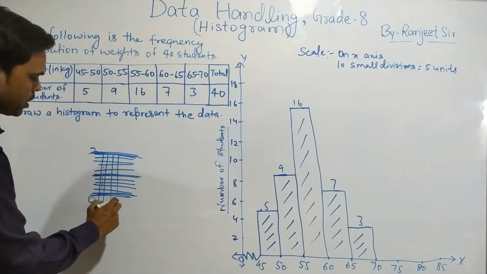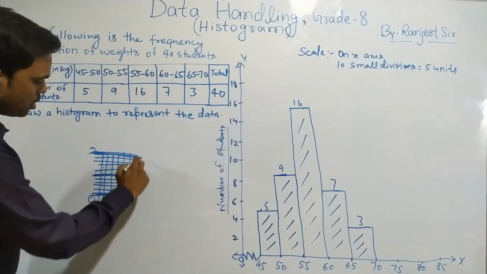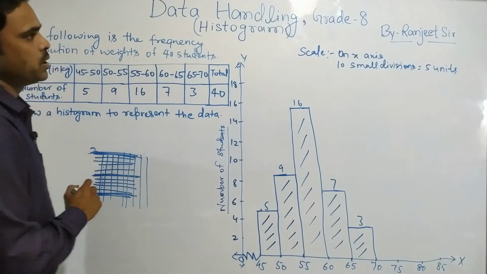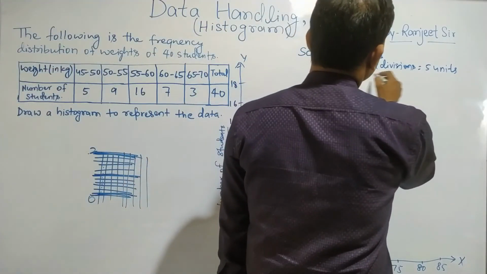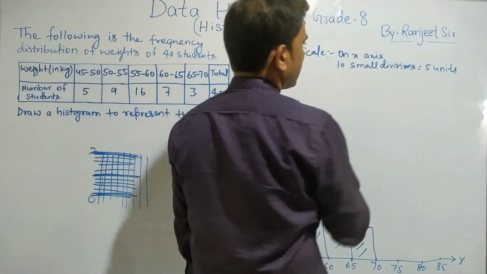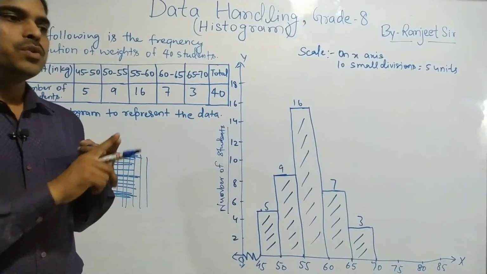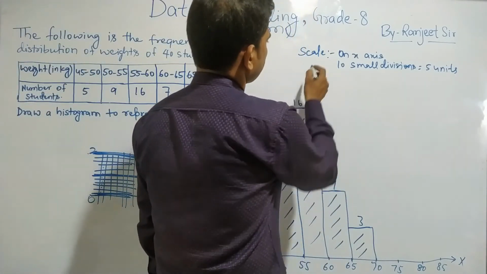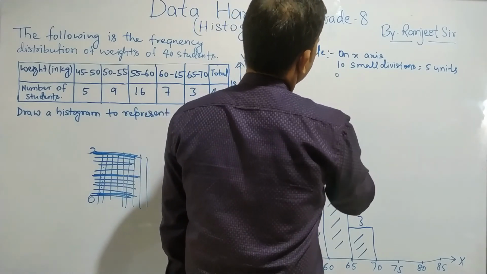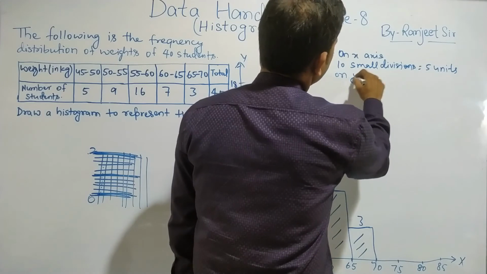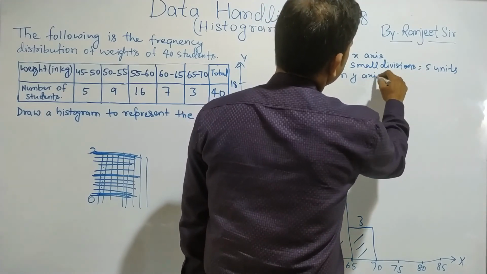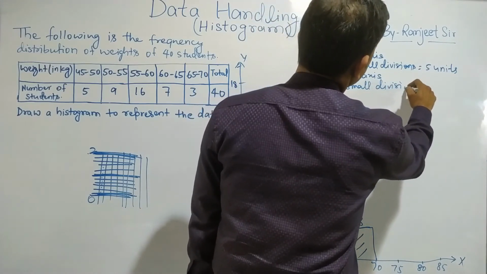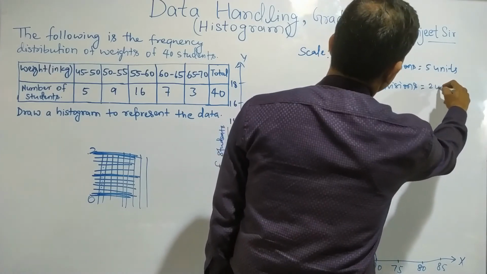In the same way, if you are using 10 small divisions for representing 5 units, then only you will write for the x-axis 10 small divisions equals 5 units. This scale exactly depends upon the use of those small divisions, so it may change according to the scale you take. Now on the y-axis, you will write 10 small divisions equals 2 units.